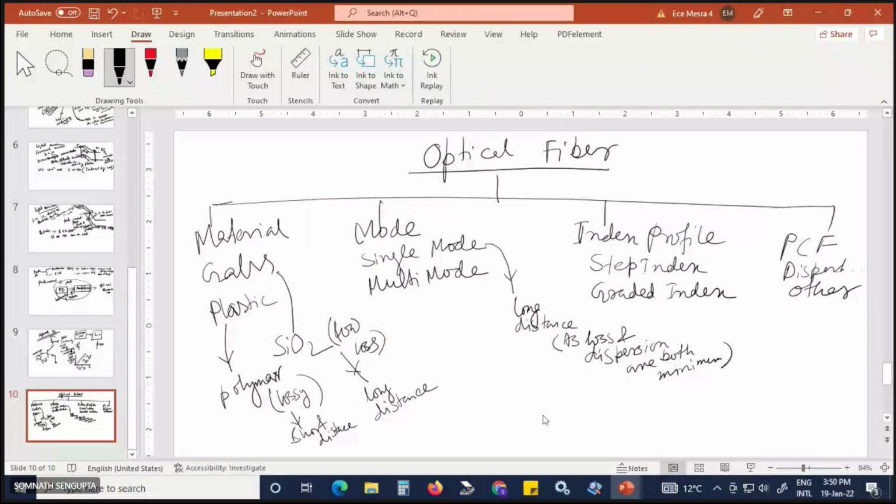Multi-mode is for short distance, but dispersion is high.